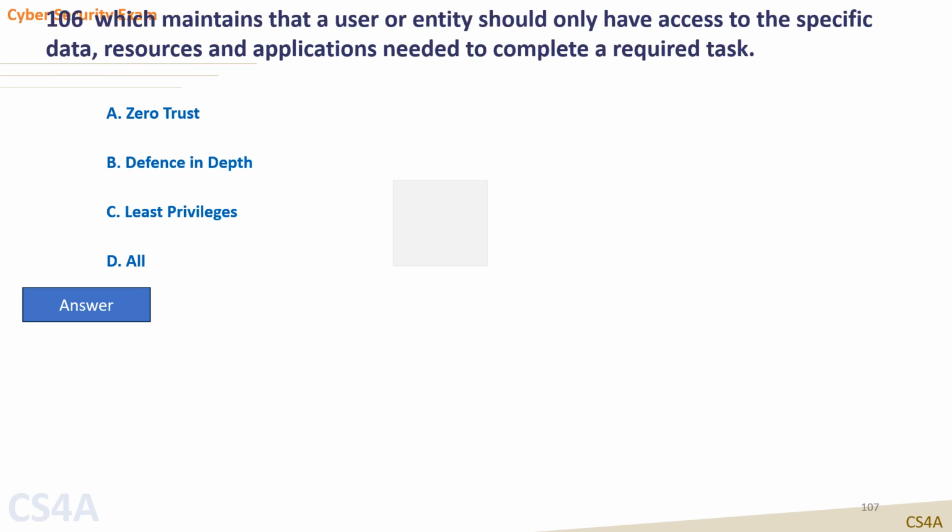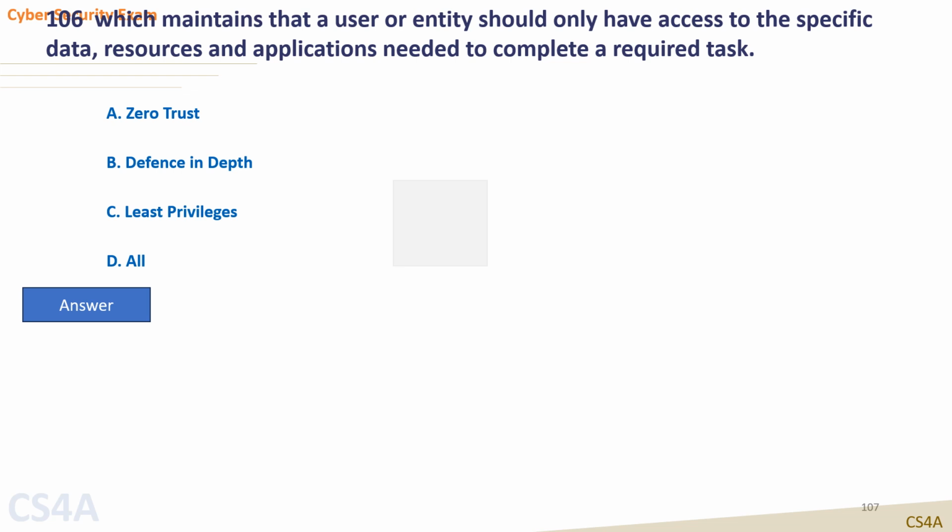So here the question is, which maintains that a user or entity should only have access to the specific data, resources, and applications needed to complete a required task. Here the keyword is required task. So it's a kind of limit. Zero trust is an architecture that doesn't state this purpose, and defense in depth is also not the correct answer, because defense in depth is setting up multi-layer security controls, which is not specified here.